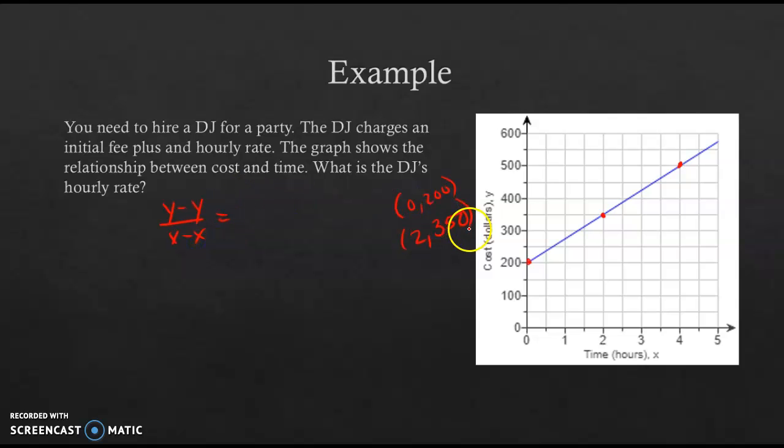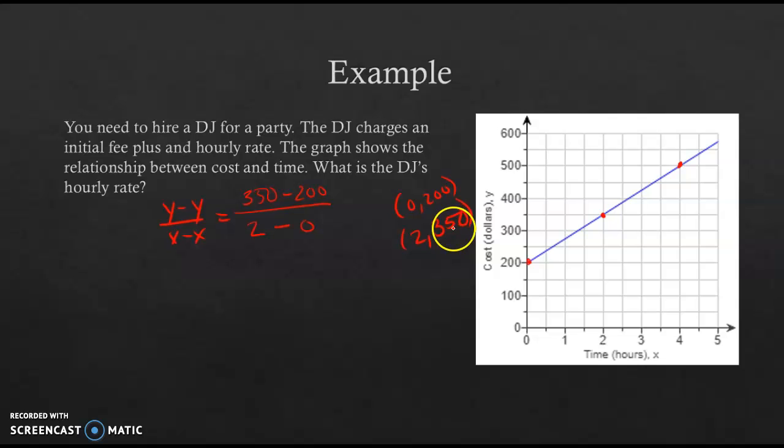And so when I do that, I'm going to start with 200 minus, nope, let's make this positive. And I know that I can make it positive because that slope's a positive slope. So let's go 350 minus 200 is y minus y over x, which is 2 minus 0.